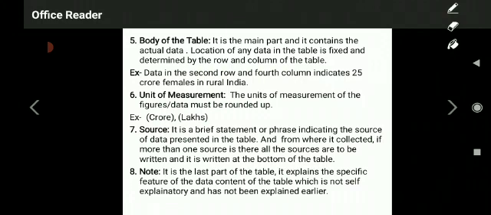From where you collected the data information, you have to mention in brief, and what amount of data you collected, at the bottom of the table.